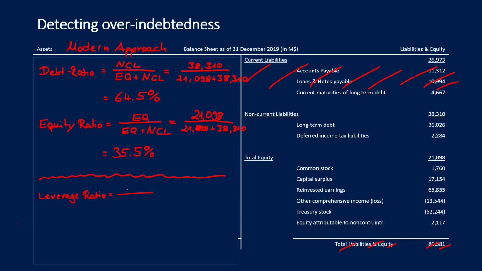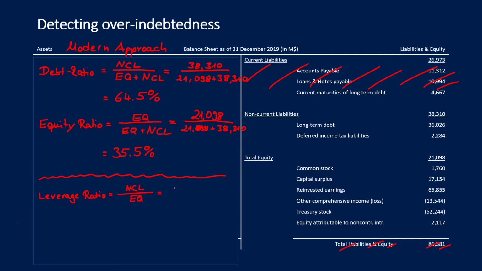It is just debt divided by equity, but how do we define debt? Do we define it as current liabilities plus non-current liabilities or only non-current liabilities? So on this page, we already have the modern approach. Accordingly, I just write down non-current liabilities divided by equity.